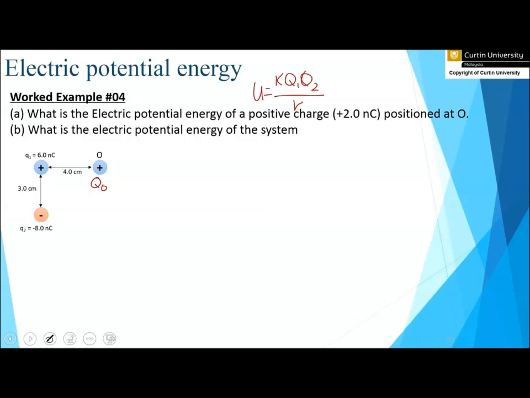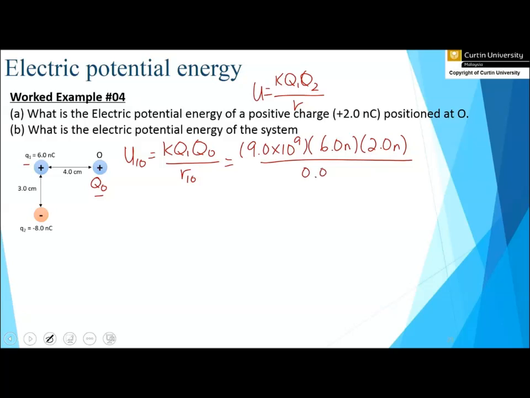Now we look at the interaction between Q1 and QO first. U1O is equal to K Q1 QO divided by R1O. Plug in the values: 9 times 10 to the power of 9, Q1 6.0 nano, QO 2.0 nano, divided by distance 0.04. Next, look at the interaction between Q2 and QO.